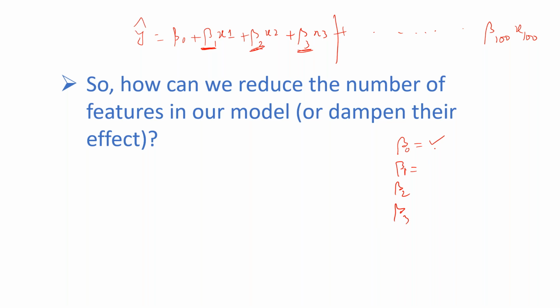So let's say it stopped at some place where beta 0 is 0.2, beta 1 is, let's say, minus 0.5, then beta 2 is 1.5, beta 3 is 1.75. Okay, like that these betas have come.